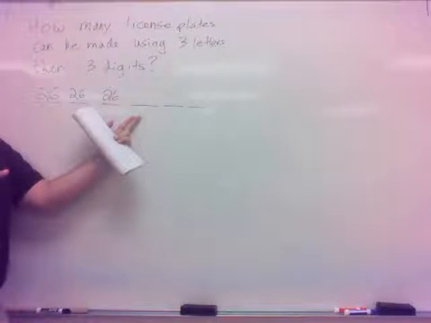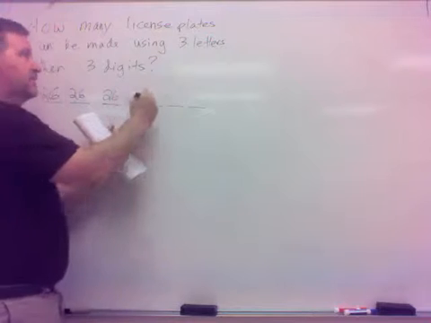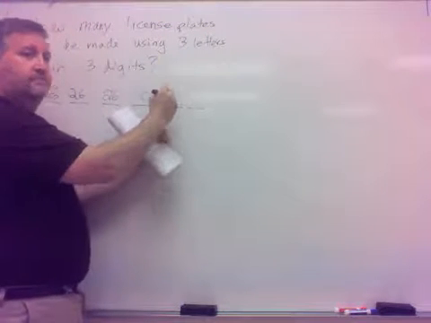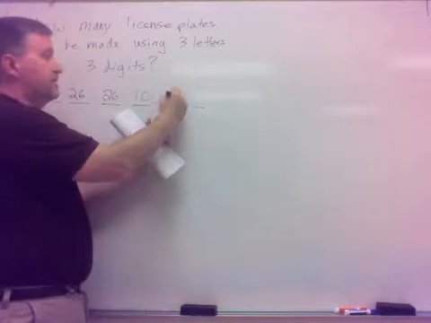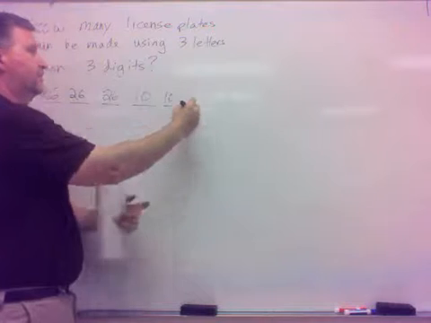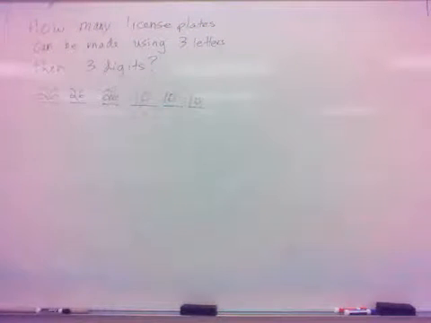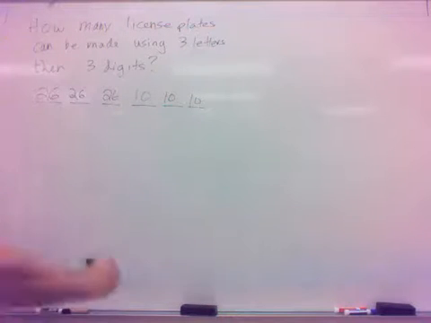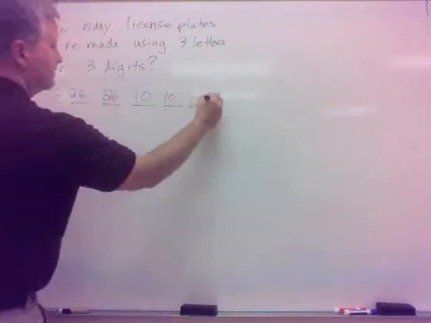That'd be 10. And then the second blank, 10 is still, and then still 10. So what do we do with that? Multiply together.